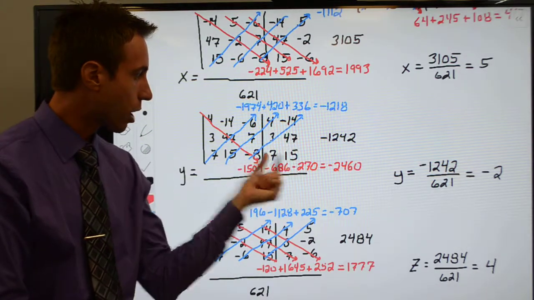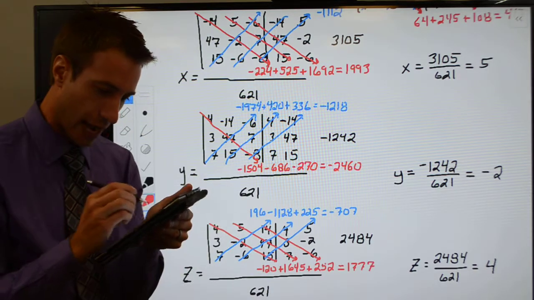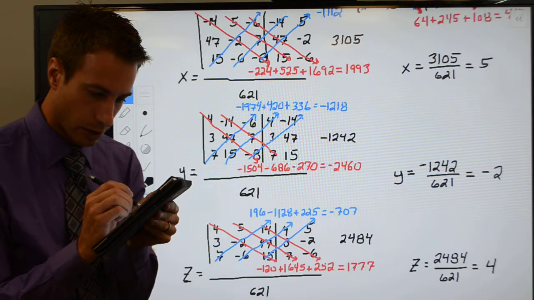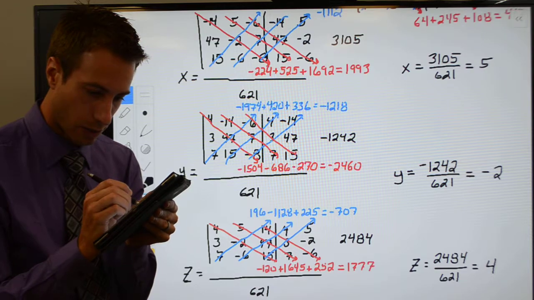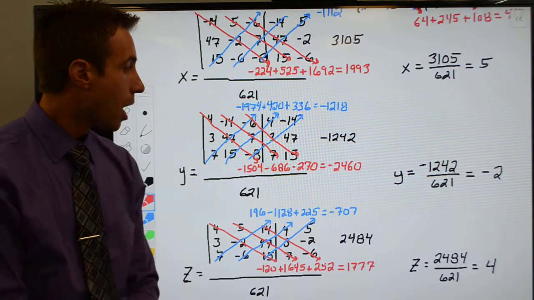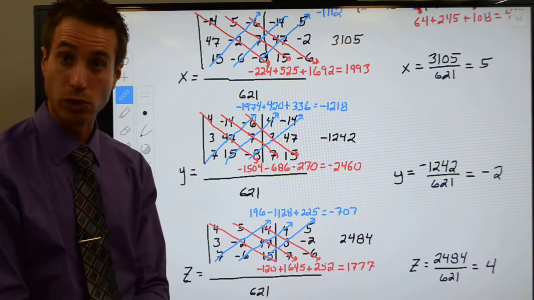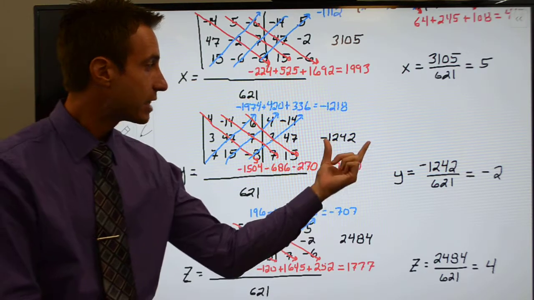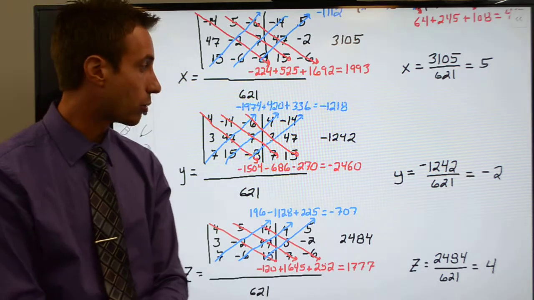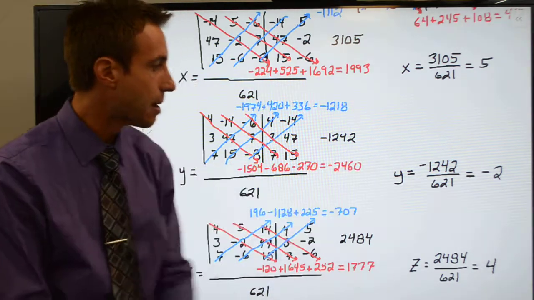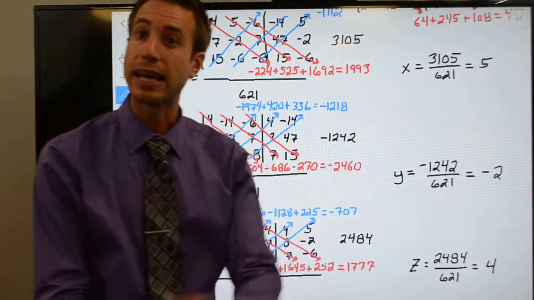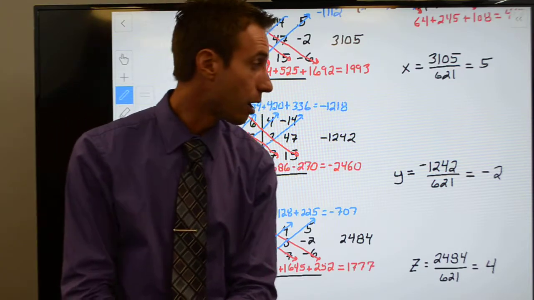Rewrite my first 2 columns, do my minor diagonals, which I actually forgot to draw those arrows in there. I'm forgetting arrows all over the place. Negative 2,460, negative 1,218. That gives me a determinant of negative 1,242. Divide that by the 621, we get negative 2 for the value of y.